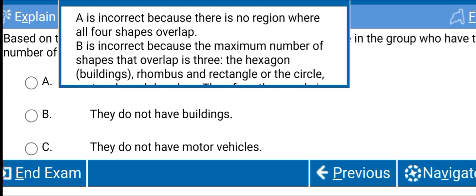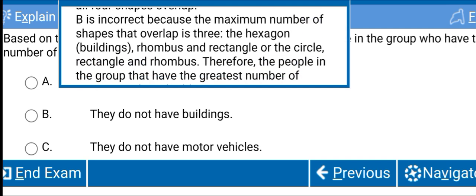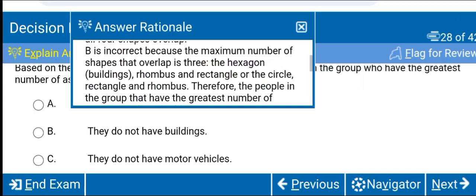B is incorrect because the maximum number of shapes that overlap is 3. The hexagon, rhombus and rectangle, or the circle, rectangle and rhombus.